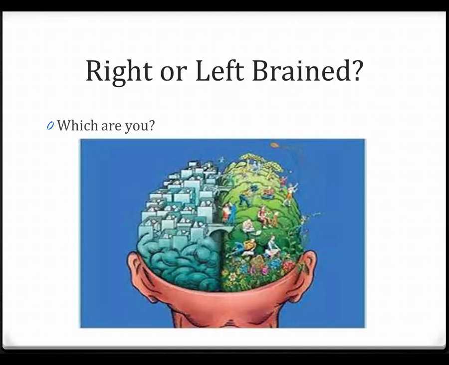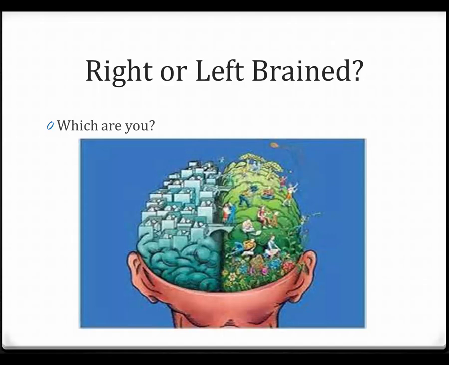So thinking about left brain and right brain, think about where you are. Let's talk about what's the difference between a right brain and a left brain person. Well, in essence, I can tell you this. If you look at the left brain, you see that there's all kinds of little buildings there. I relate that more to probably if you look at a waffle and you see the little squares.